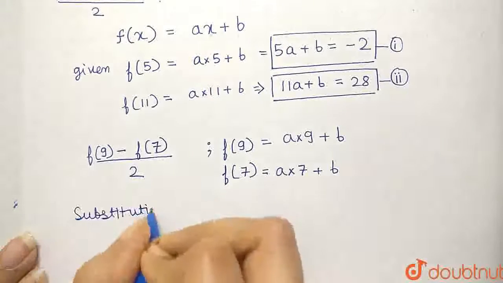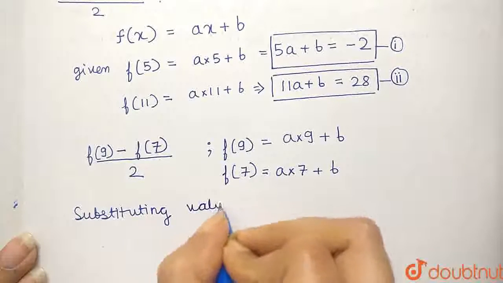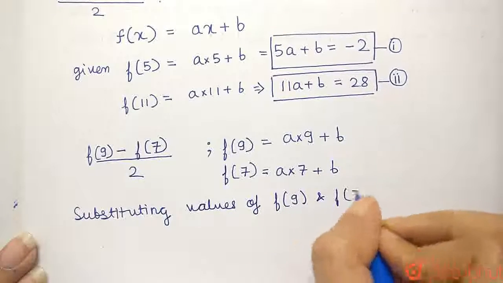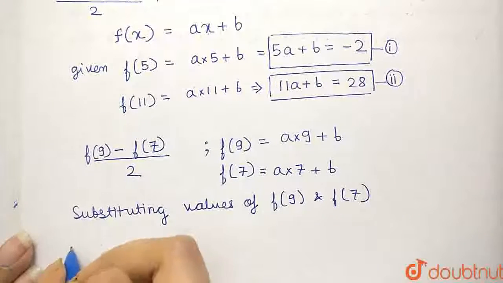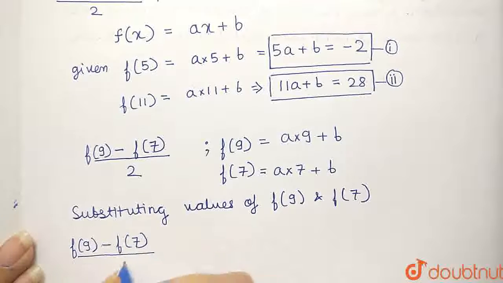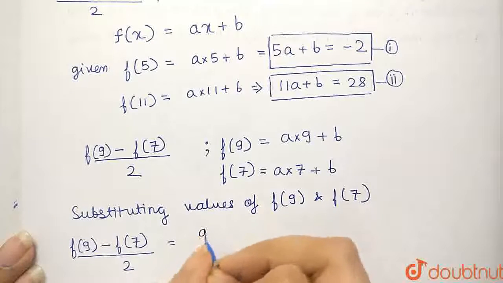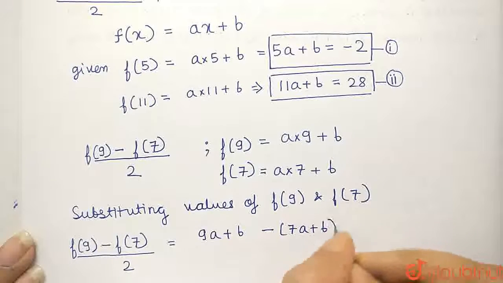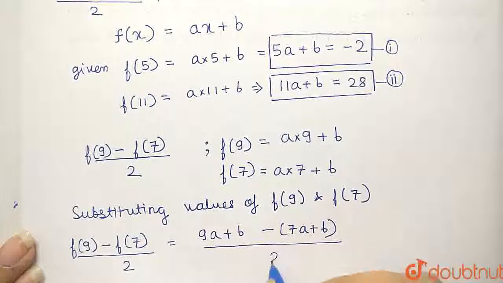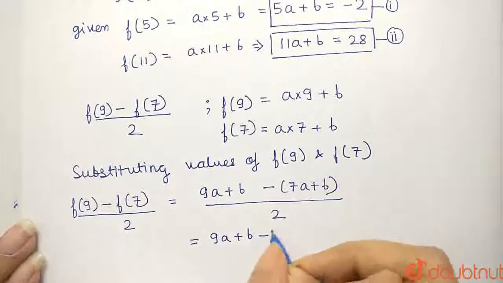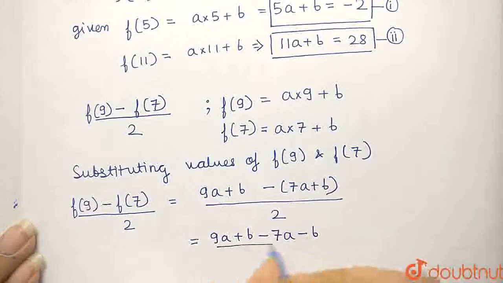Substituting the values of f of 9 and f of 7, we would be getting that f of 9 minus f of 7 divided by 2 equals (9a plus b minus (7a plus b)) divided by 2, which equals (9a plus b. Now we will open this bracket, minus 7a minus b) divided by 2.